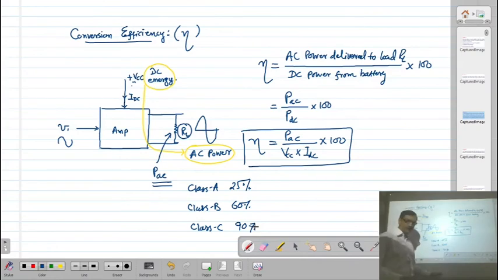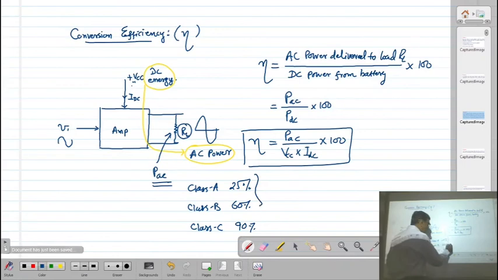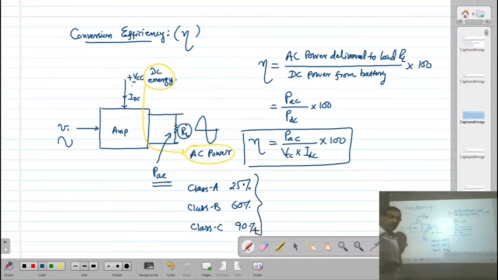It is not a fixed value, remember. Instead of 60, it can be 63 or 65, but it will be around 60. So the efficiency of the amplifier depends on what kind of amplifier you are using, or in other words, how you have biased the transistor.